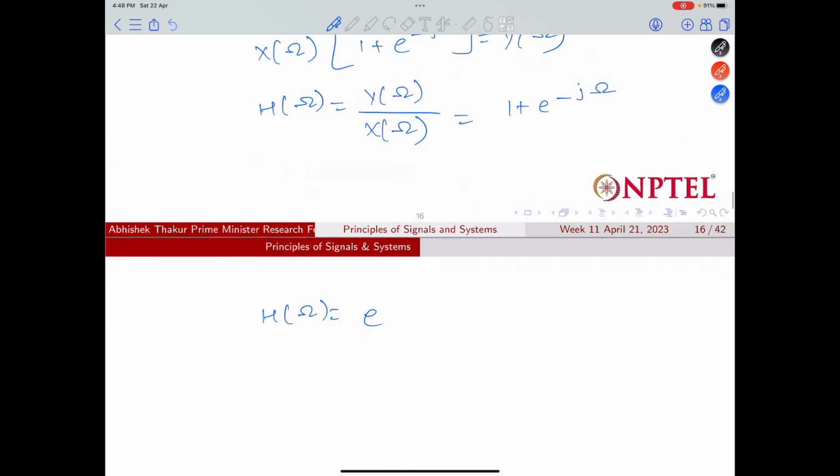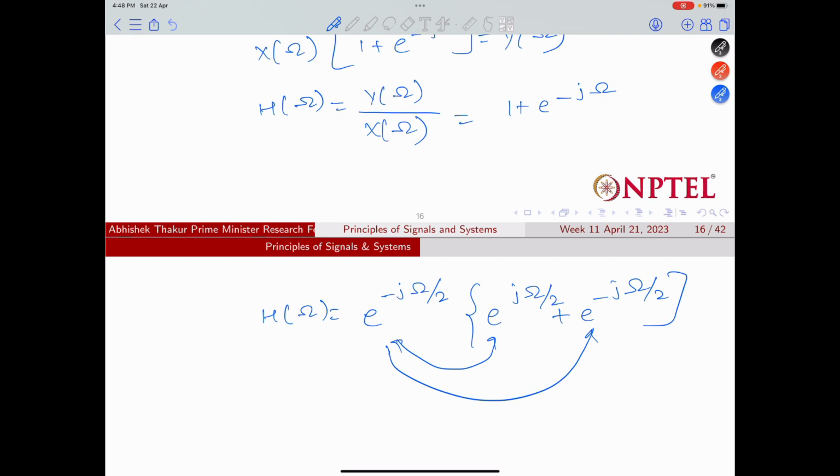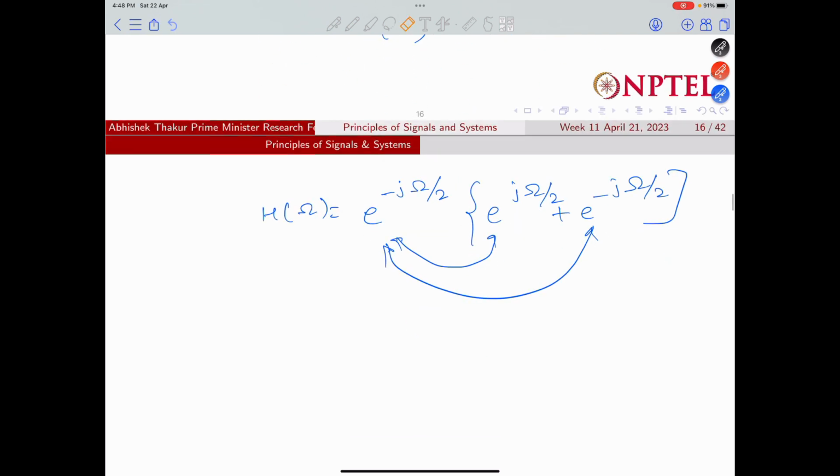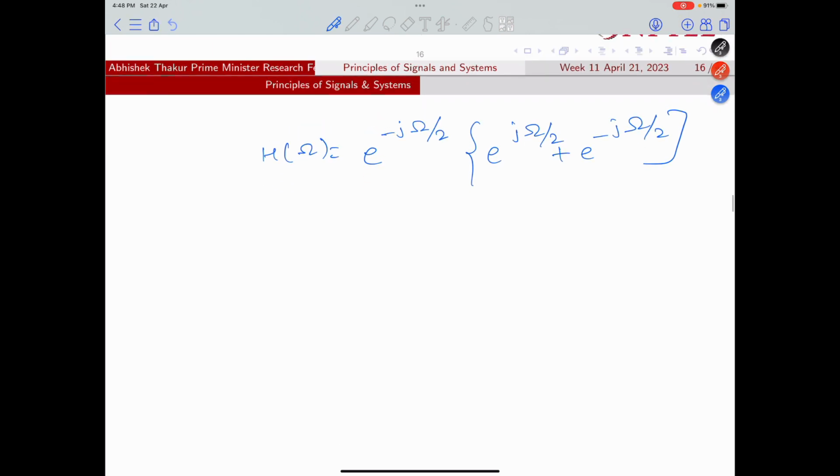Now H of omega, let's suppose we take common e to the power of minus j omega by 2, then this will become e to the power of j omega by 2 plus e to the power of minus j omega by 2, because when you multiply these two terms we get 1, and when you multiply these two we get e to the power of minus j omega. That's why we are doing this for simplicity. Now we know that this term is equal to 2 into cos of omega by 2.